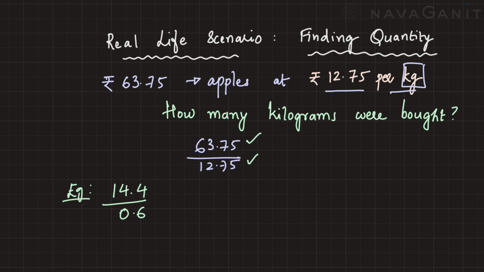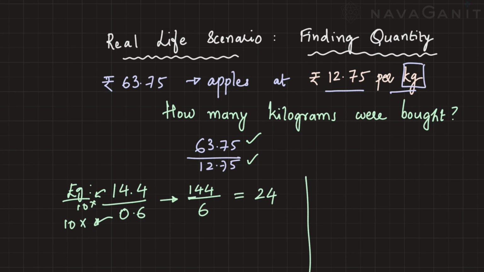Then we will try to eliminate the decimals by multiplying numerator and denominator by some power of 10. So in this case I can rewrite this as 144 by 6. How did I end up getting this? I just multiplied the numerator and denominator by 10. Now we know that 144 by 6 is nothing but 24.